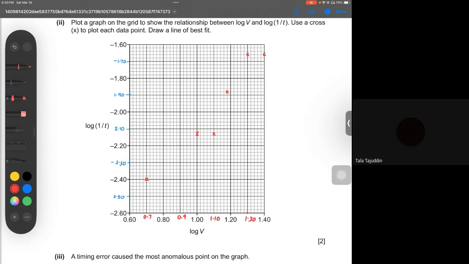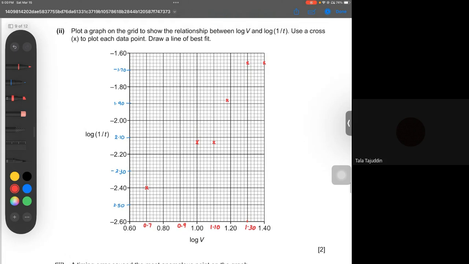Now you have to draw the best fit line. What the examiner is saying is draw a line of best fit. You are supposed to take the ruler just like that. Sir, how is that point 1.75?